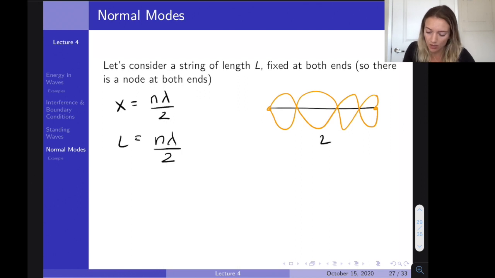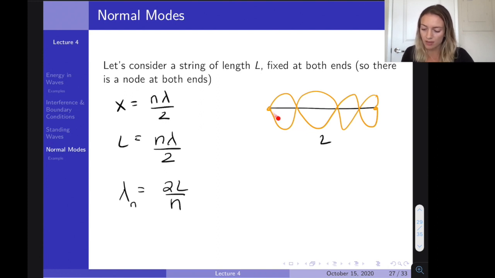We get lambda sub n is equal to 2L over n. So these are the wavelengths that will be allowable on this string.